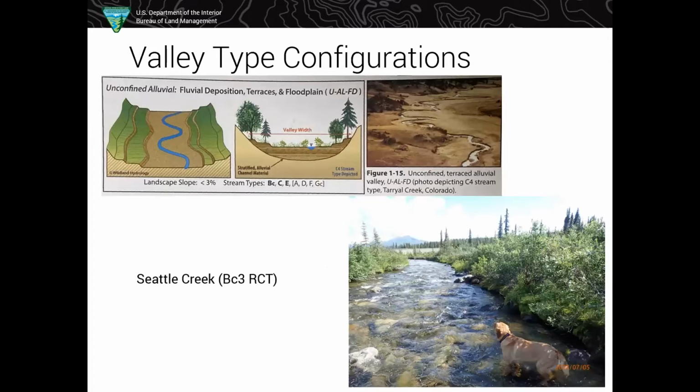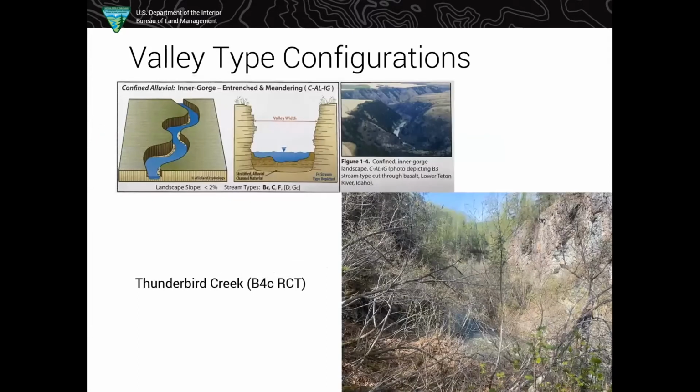Here's an unconfined alluvial valley type with a terraced floodplain. This image here is Seattle Creek off the Denali Highway with my Labrador Retriever. This is another pretty common valley type in Alaska that you might encounter. This section's on Upper Thunderbird Creek just out of Chugiak, and it occurs in a confined alluvial inner gorge valley type setting.